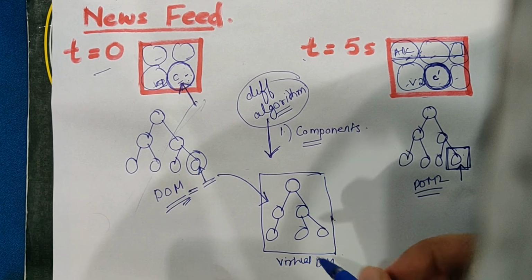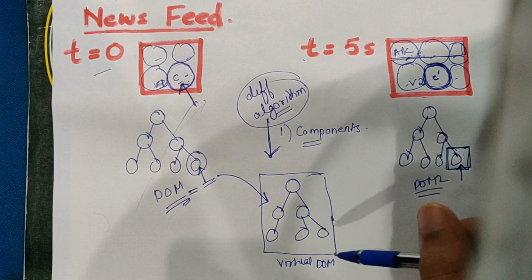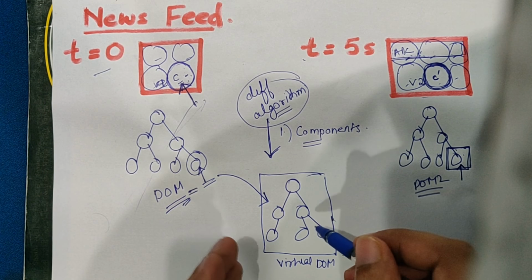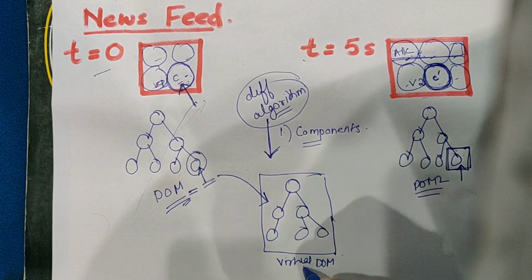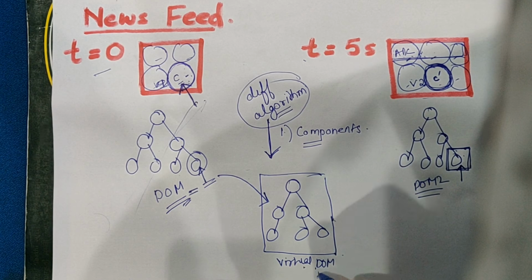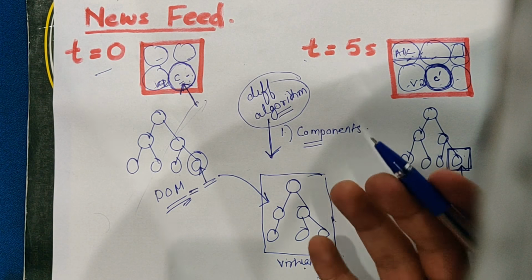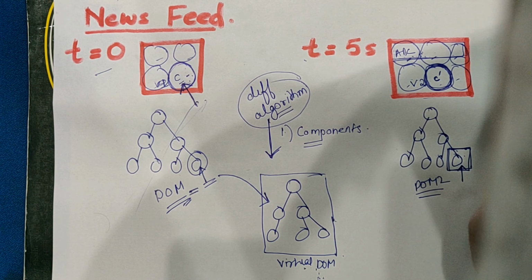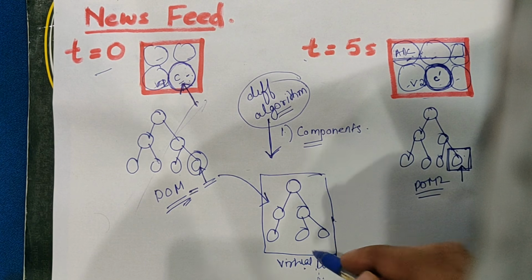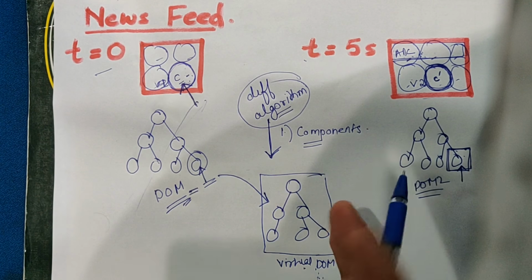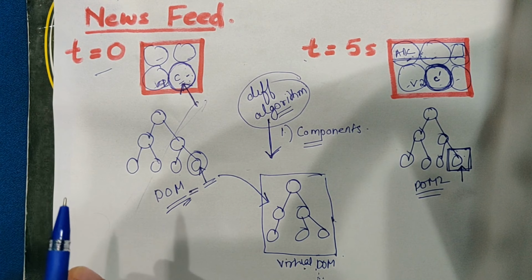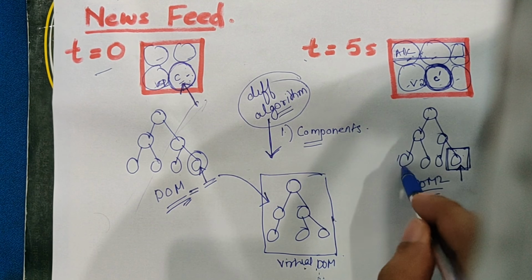This virtual DOM is created by React inside memory with the required changes. So this is actually the DOM which can show you the new view. But remember that this virtual DOM is just an in-memory representation. The actual DOM has not been updated right now.